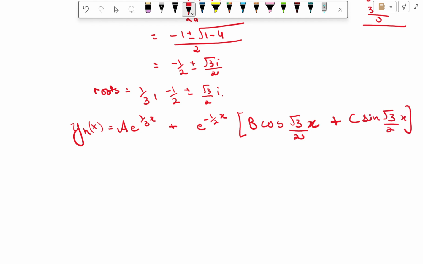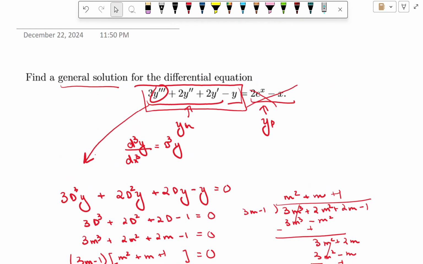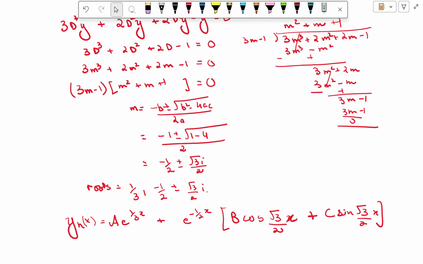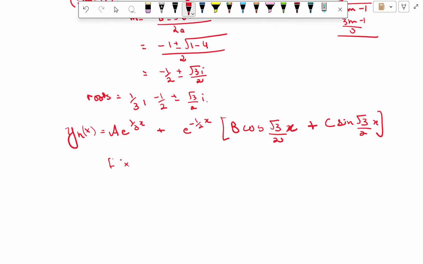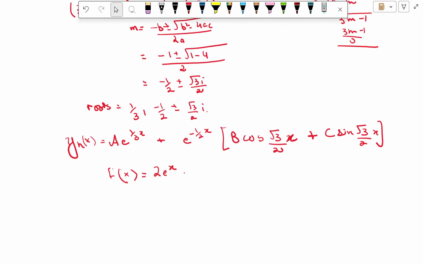Okay. Now we have our homogeneous solution. We need to find our particular solution, which comes from f of x, and f of x is 2e^x minus x.